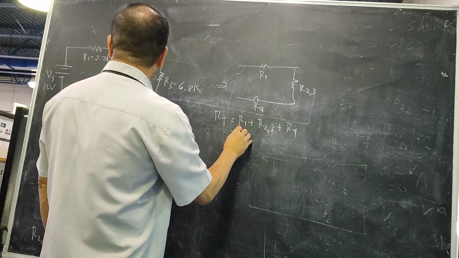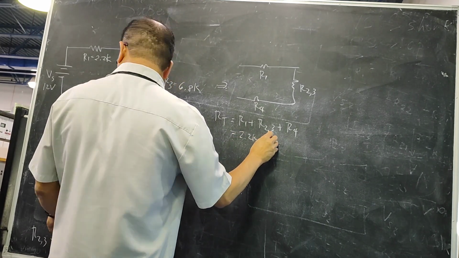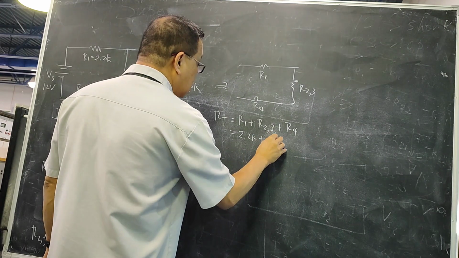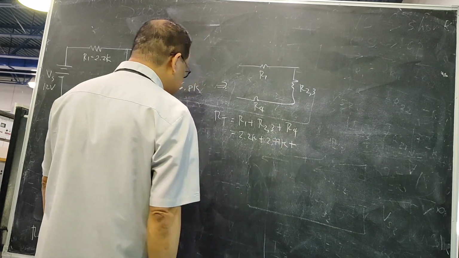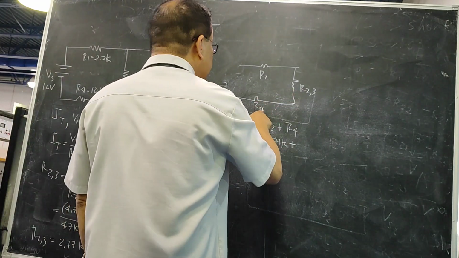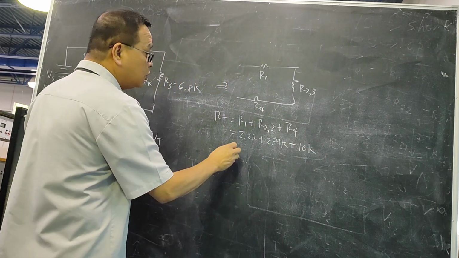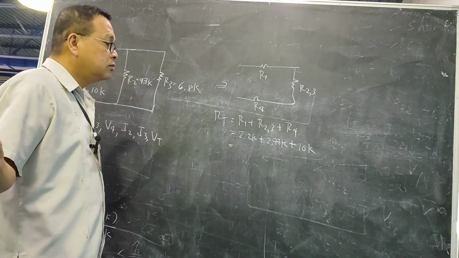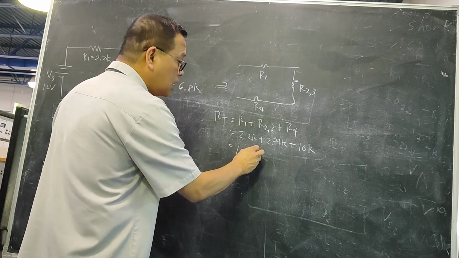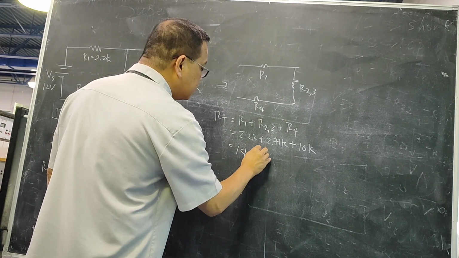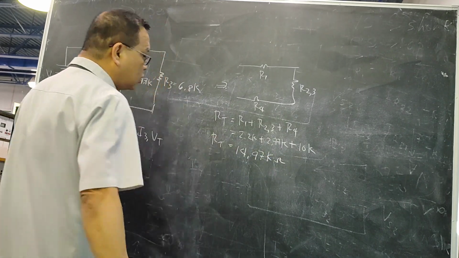That would be 2.2 kilo plus 2.77 kilo plus what's R4? 10 kilo. How much? 14.97 kilo ohms. That will be our R total.